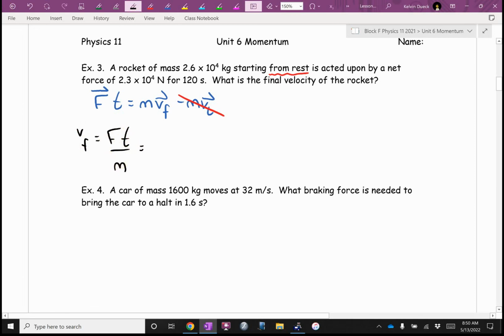What's the force in newtons? And the time, 120. And the mass, 2.6 times 10 to the fourth. Okay.